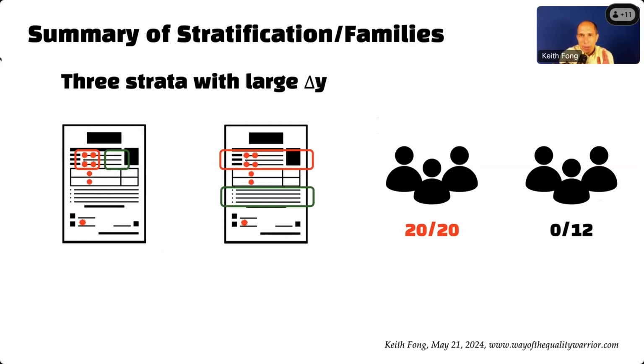I would normally say go after the smallest family of variation. But in transactional problems, a lot of times you're talking about some kind of system failure, right? Oftentimes, the people who are doing the job are working in a process that's never been optimized.